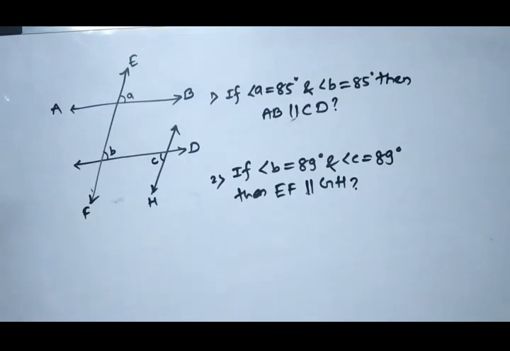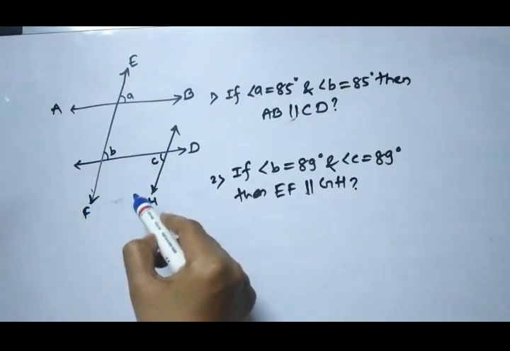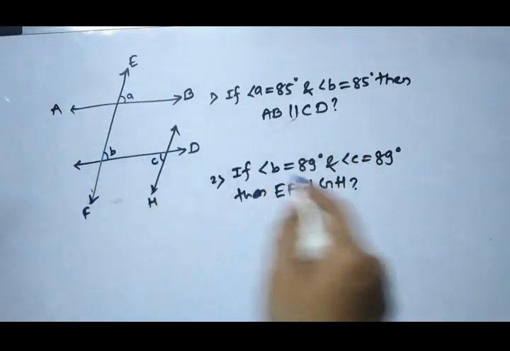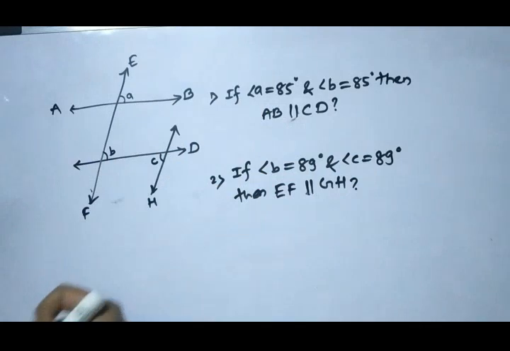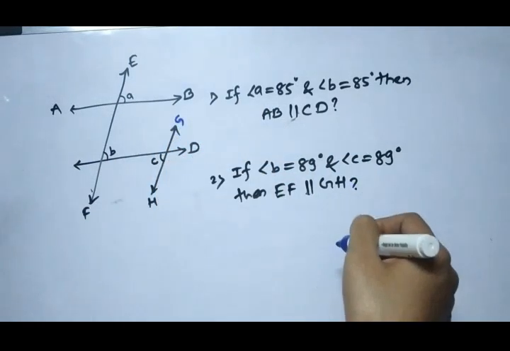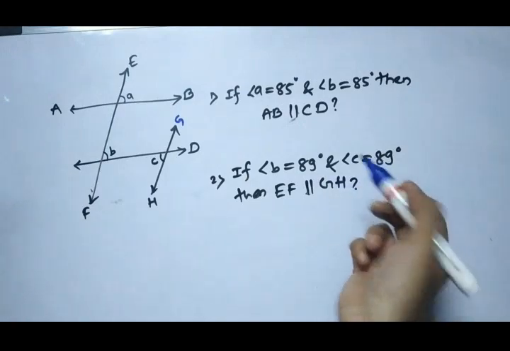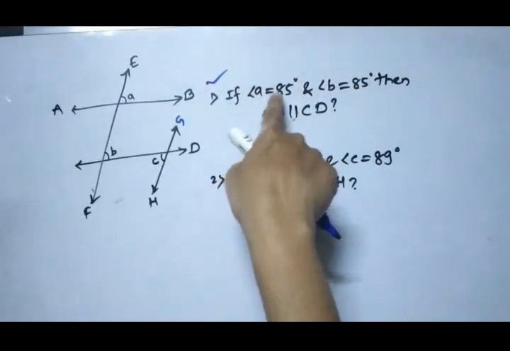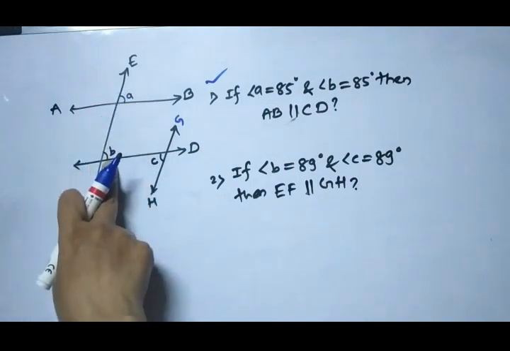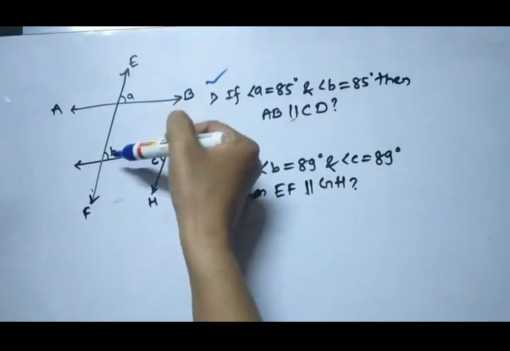So friends, now the next question is, we are given this figure and these lines AB is parallel to CD. Here, EF and GH, we have to justify whether these lines are parallel. So in the first question, angle A is given as 85 degrees and angle B is given as 85 degrees. So both angles are equal.